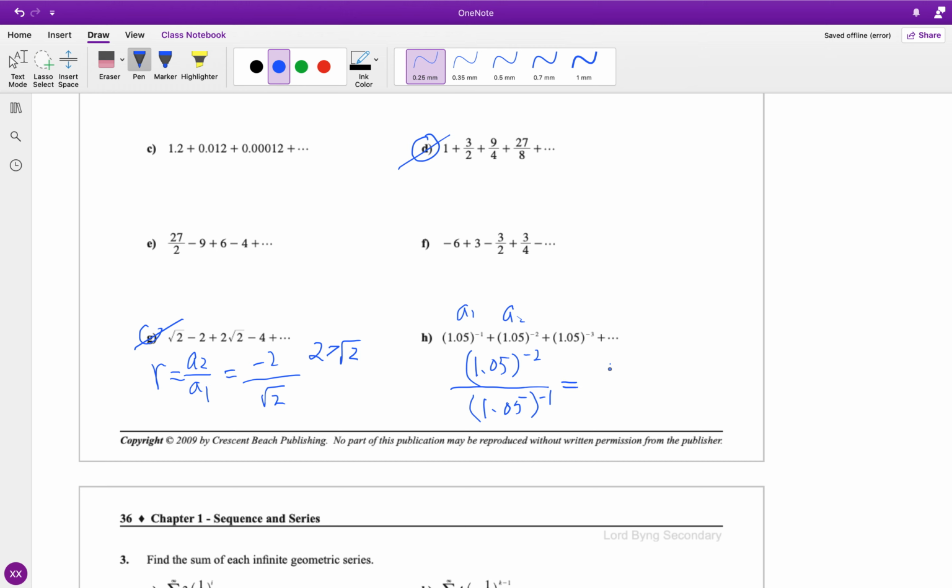This will be 1.05 to the negative 2 subtract negative 1, so that means negative 2 plus 1, which equals 1.05 to the power of negative 1. That means 1 over 1.05. So this one definitely is smaller than 1, so then we can calculate this one. Basically just plug the numbers in and you will be able to calculate it.